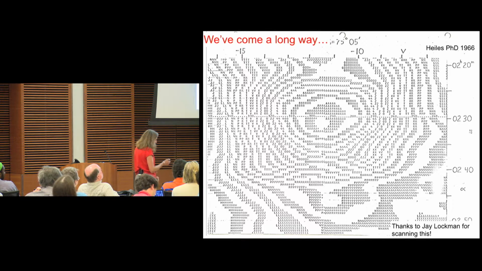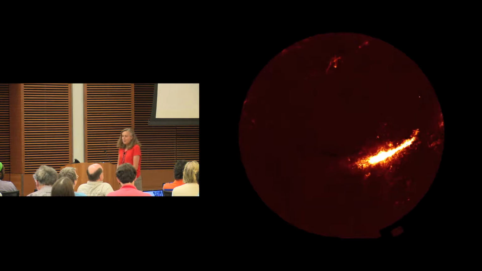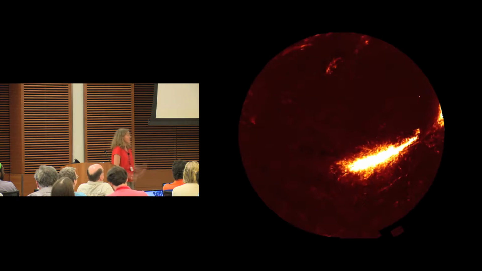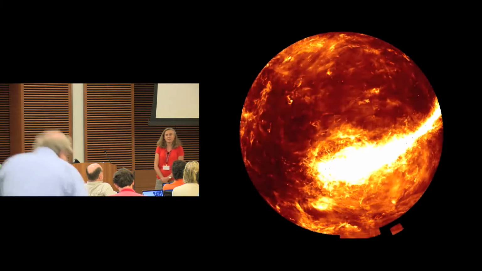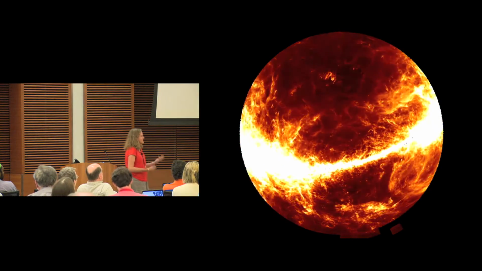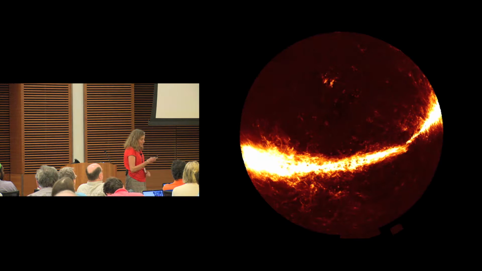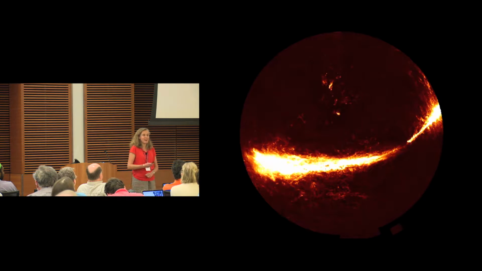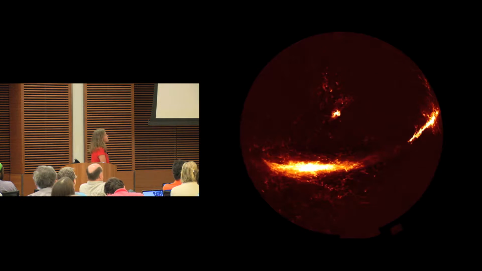So I think we've come a long way from using A's and B's as contour levels to now being able to visualize our data and things like this, which is from the Galactic All Sky Survey conducted with Parkes. Just an example of the way that we are looking at data now in much more complexity. Although I don't know that the answers we're coming up with are actually that much more significant than the ones that Carl came up with from his data.